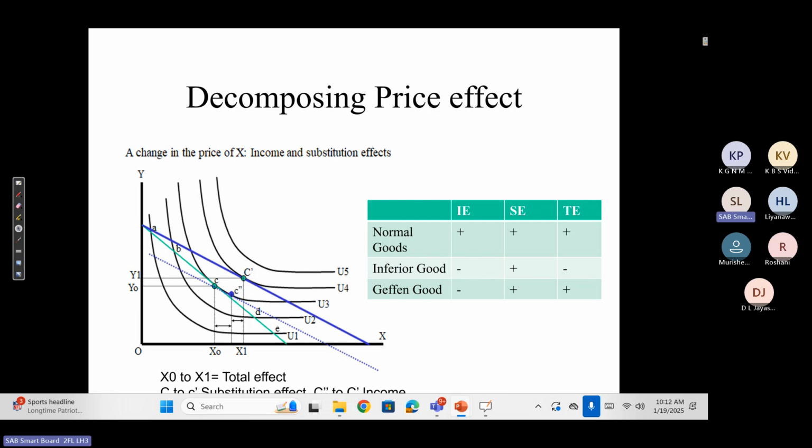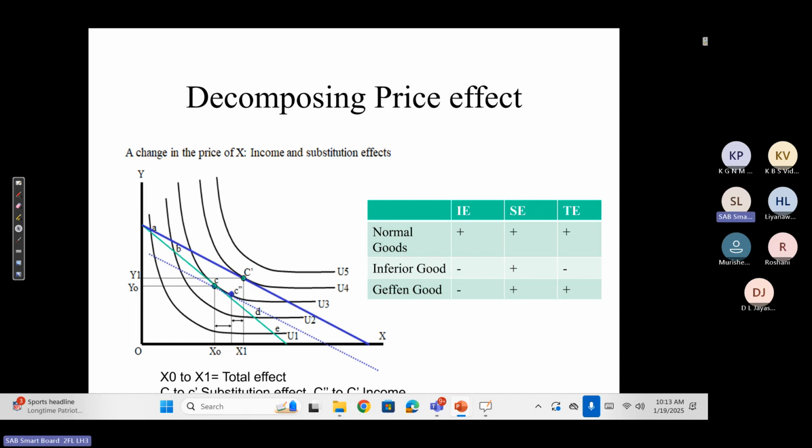Earlier we removed that one. If we again add the income, it will move from C double prime to C prime. So x0 to x1 explains the total effect. X0 to x2 explains the substitution effect. X2 to x1 explains the income effect.